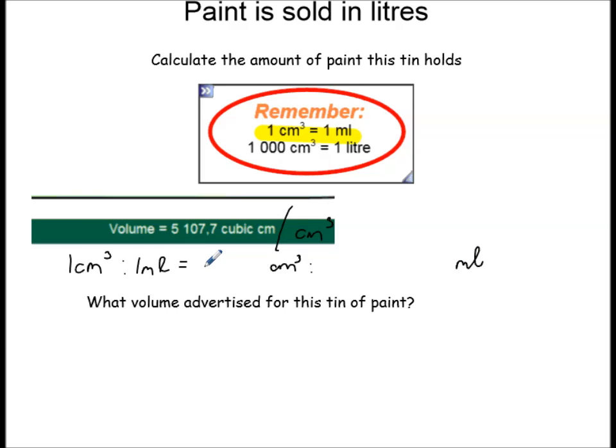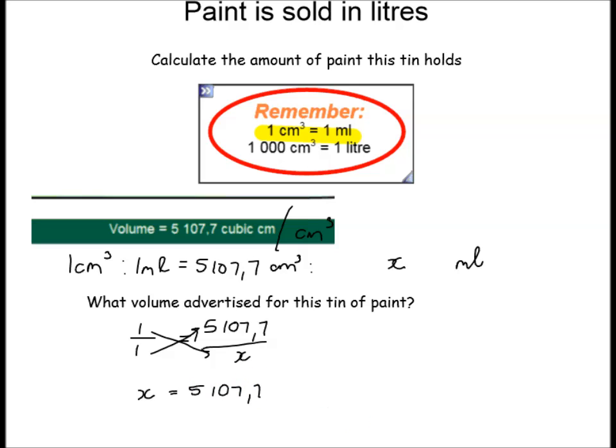That is cubic centimeters, so it's 5,107.7 cubic centimeters, and that is going to be X. The next step would be to write it in fraction form. 1 over 1 equals 5,107.7 over X. We then cross multiply, so 1 multiplied by X will be X equals 1 multiplied by 5,107.7, which is 5,107.7.